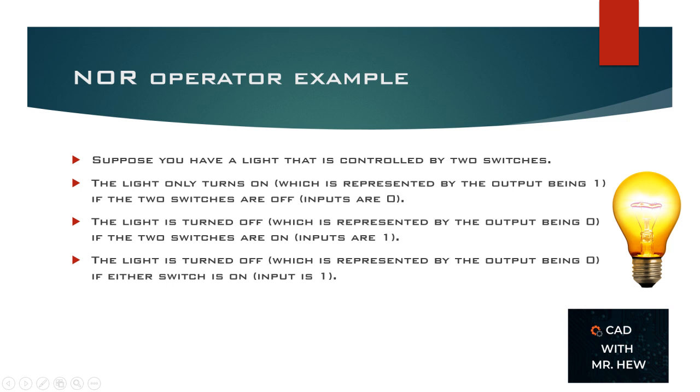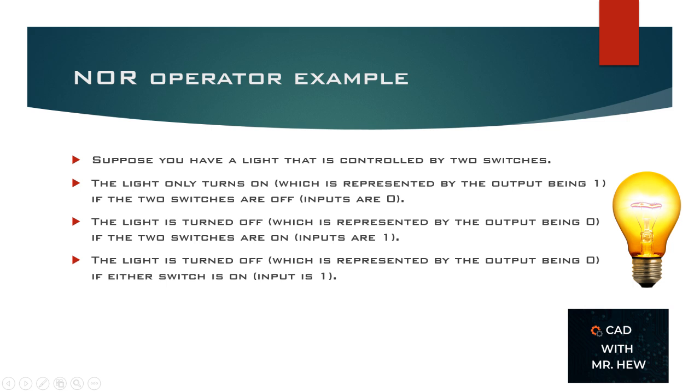All right, I'm going to give you an example for the NOR operator. Suppose you have a light that is controlled by 2 switches. The light turns on, which is represented by output being 1, if the 2 switches are off, right? Which is the inputs are 0.